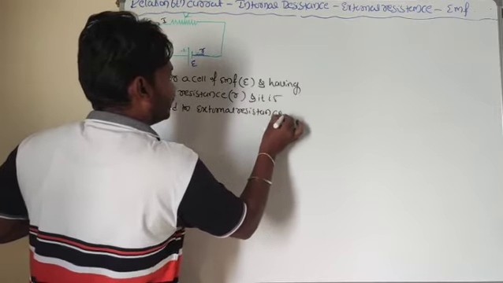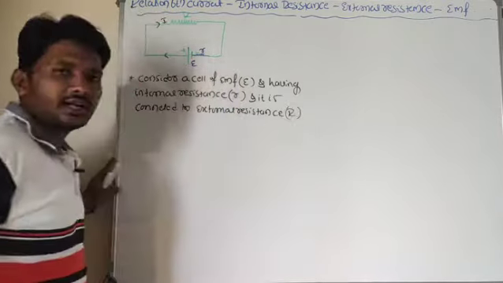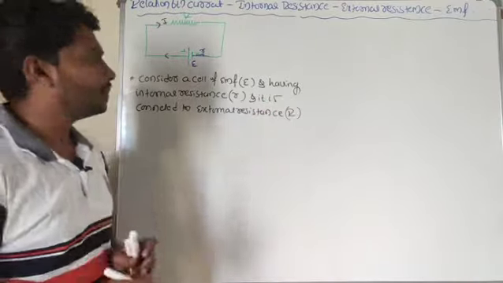That external resistance is represented by the symbol capital R.